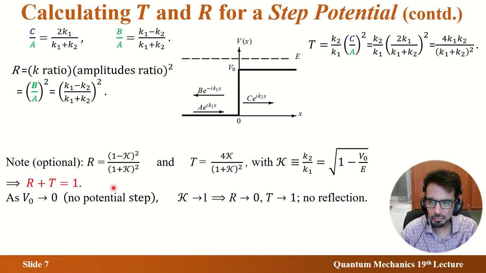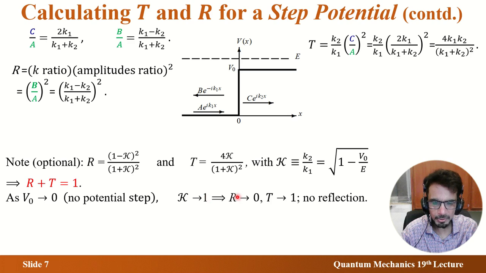Another common sense which you can develop, or not, that's why it's optional. If you take the case when V0 is equal to 0, V0 equal to 0 means there is no boundary. This means your calligraphic k becomes 1, and here 1 minus 1, R is equal to 0, and T is 4 divided by 1 plus 1 squared, 4 divided by 4 is 1.